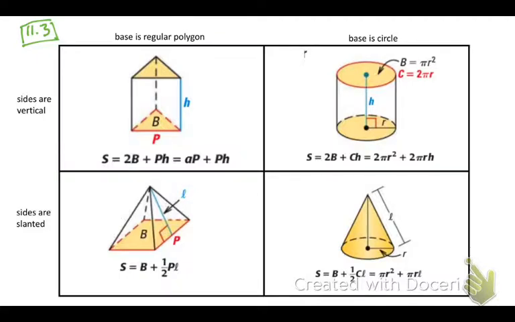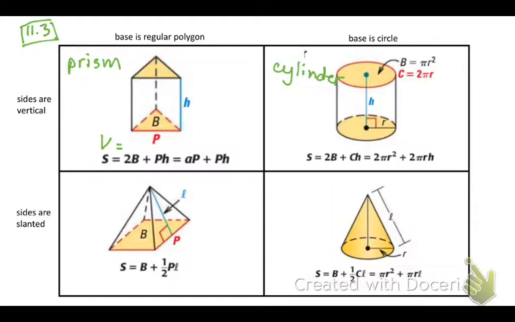Okay, so here you have your surface area calculations. Here you have your prism. Here you have your cylinder. Okay, and we're just going to add the volume so that it's on the same sheet of paper and you don't have to go looking all over the place.